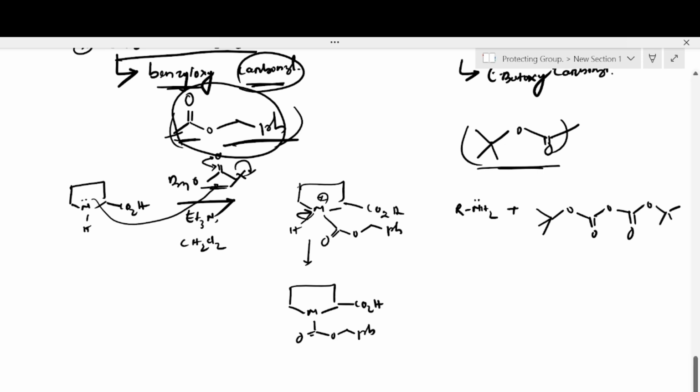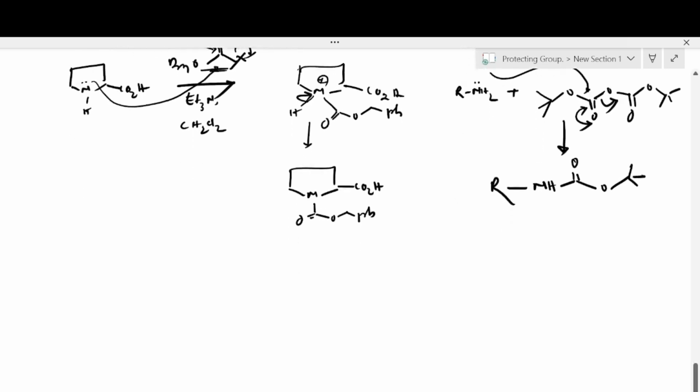So the lone pair of nitrogen will attack the carbonyl group. It goes over oxygen, again it comes back, and this group will leave. Then we will get your BOC protected amine. So after protection, we need to deprotect it.